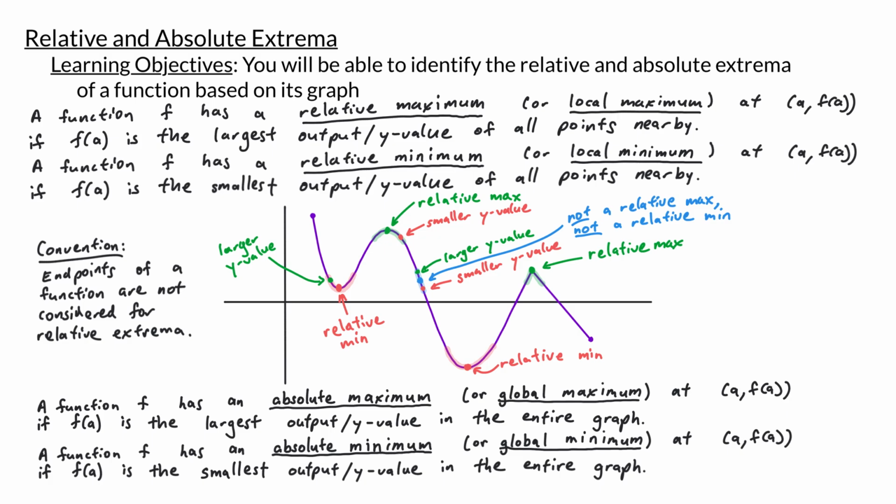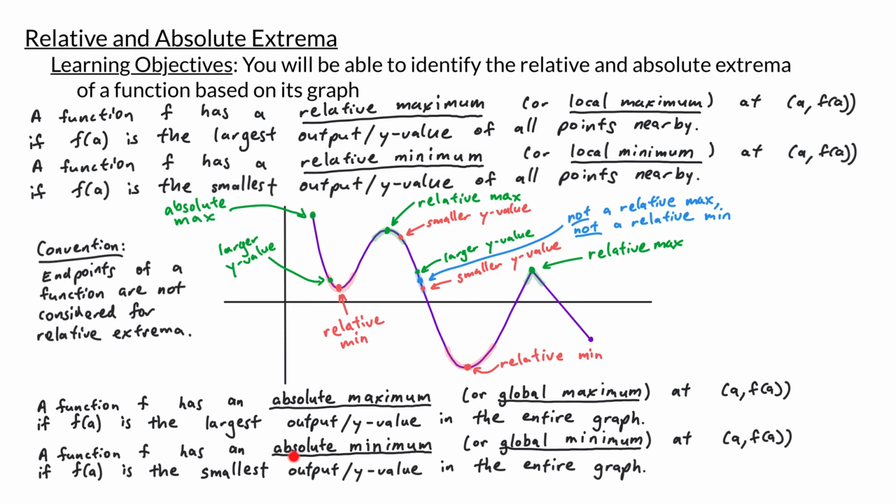Let's go back to our graph and see where these absolute extrema occur. For the absolute maximum, we're looking for the point on the graph with the largest y value. If we want the largest y value, we're looking for the highest point on the graph, and that would be this endpoint on the left here. This point is our absolute maximum or our global maximum.